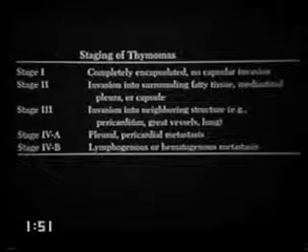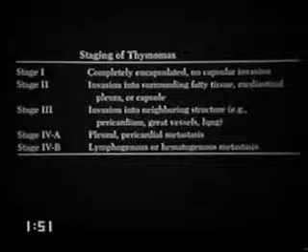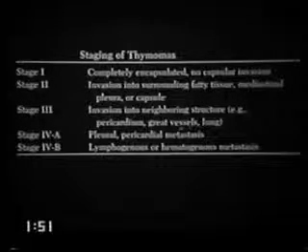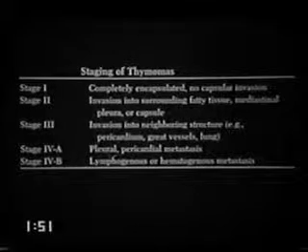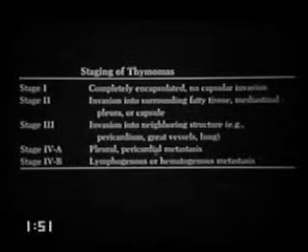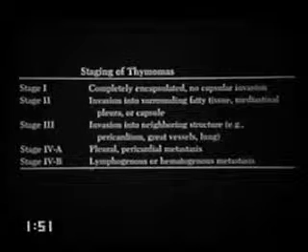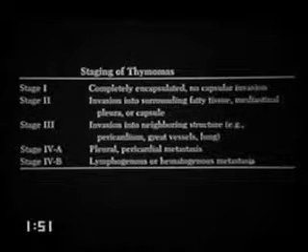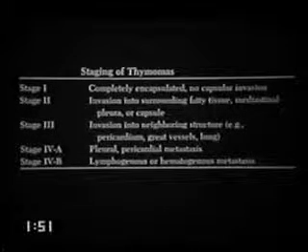Stage 3, invasion into neighboring structures like the pericardium, the great vessels, innominate vein being most common among those, or the lung itself. Stage 4A are thymomas which have either pleural metastasis or pericardial metastasis. And stage 4B are those which are associated with lymphogenous or hematogenous metastasis, to lung most commonly, liver most commonly.